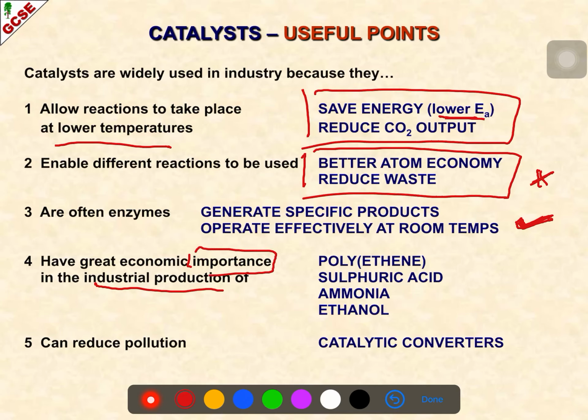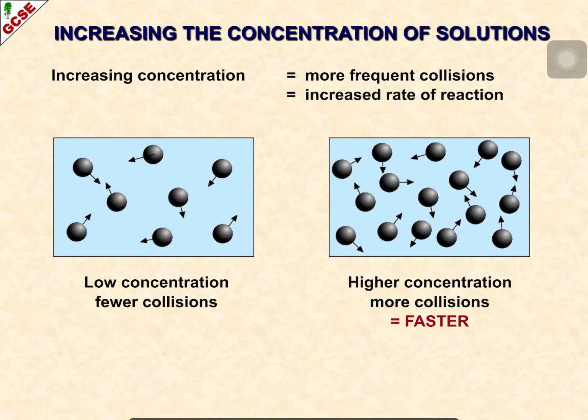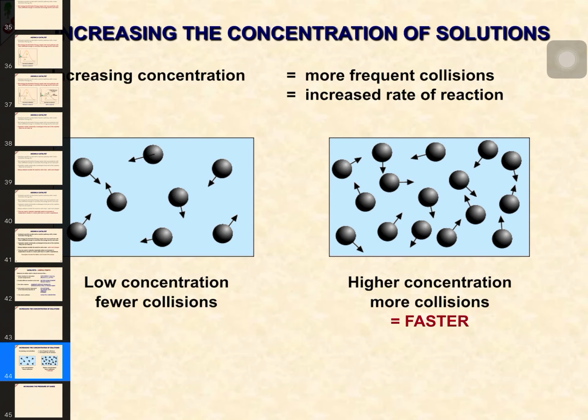Catalysts are very important in producing polyethylene. We know polyethylene is very important in making plastics.